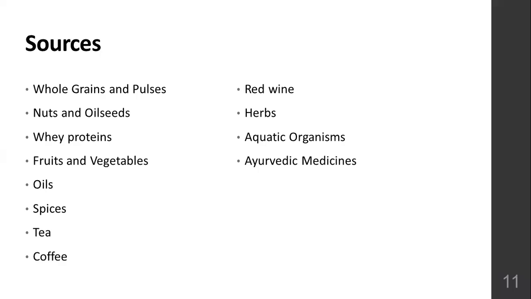Then you have cinnamon, then star anise, then turmeric, mace, nutmeg, turmeric. Okay, so these are the spices which have the highest amount of antioxidants. The highest is clove, and then cinnamon and star anise, mace, nutmeg, turmeric.